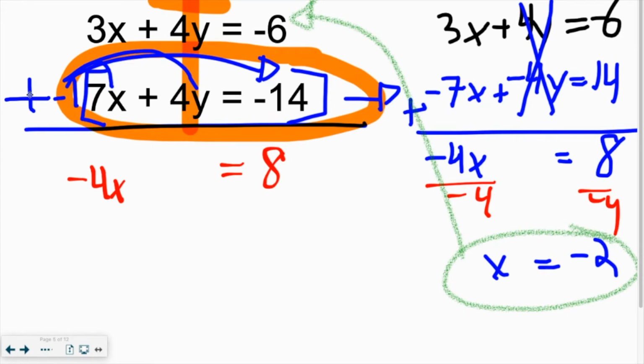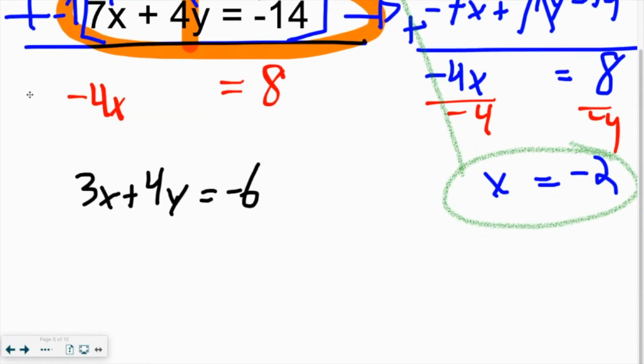I'm just going to go with that first equation and plug it into that example there. Find some room. I have some down here to the side. So I'm going to rewrite that equation. 3x plus 4y equals negative 6. Sub on in. 3 times the x value we just found, a negative 2, in parentheses, whatever you prefer. Just showing you again a little different way to write it.